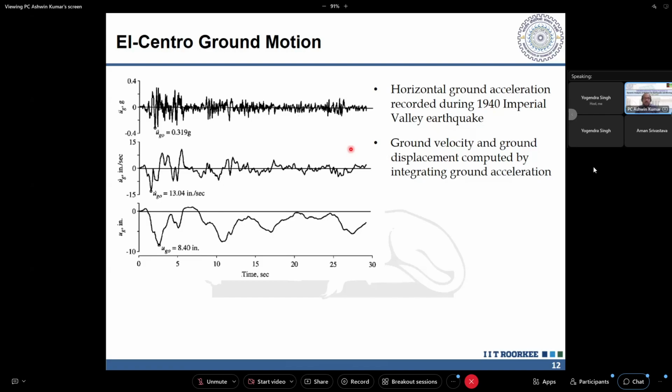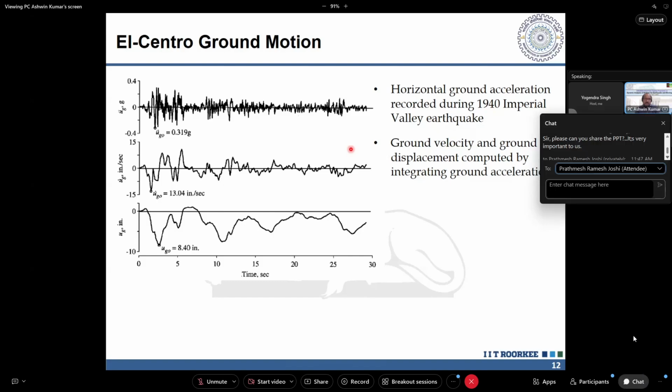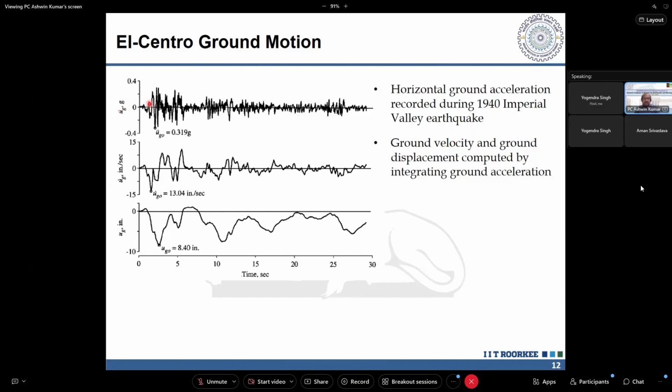What you see here in the image is the accelerogram, where you can see the acceleration record of the El Centro ground motion. This is a record of acceleration versus time of an earthquake, over a period of 30 seconds. You can see you have n number of data points, as sir was saying, a recording station will record the horizontal components, h1 and h2, and the vertical component of the ground motion.